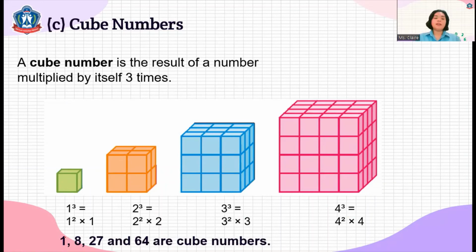So the cube numbers are 1, 8, 27, and 64. So these are cube numbers. So if we continue the pattern, what will be the next? If we have 5 cube, okay, and that is the next slide.